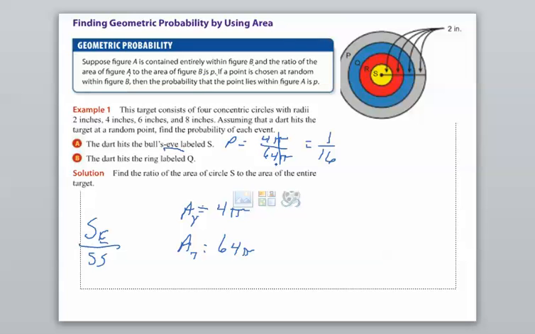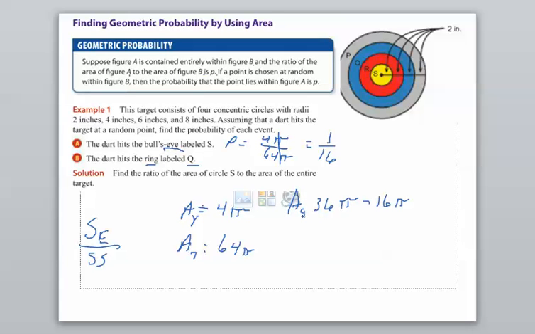Cool? So the next one says, what's the probability that the dart hits the ring labeled Q? Okay, well, if it's in the ring called Q, well, let's see here. That's 2, 4, 6, so 6 squared, 36 pi, minus 4 squared, 16 pi. Why am I subtracting that 16 pi? Because I'm subtracting the red one from it.